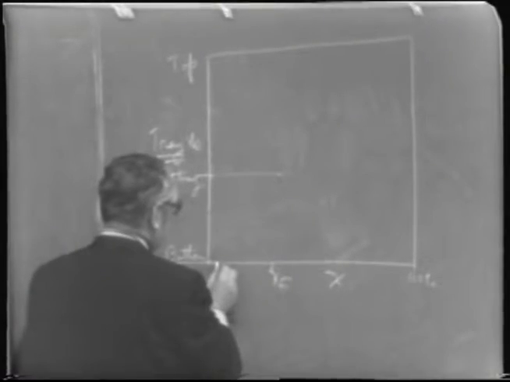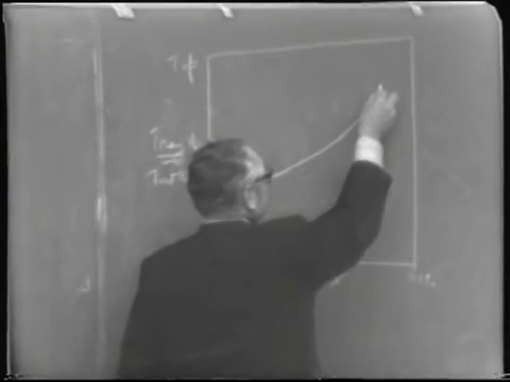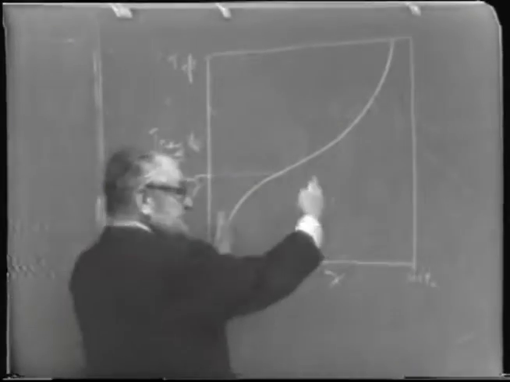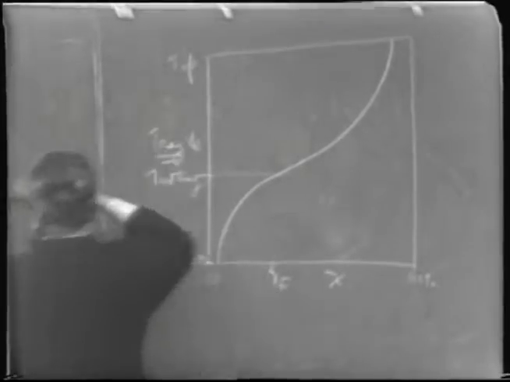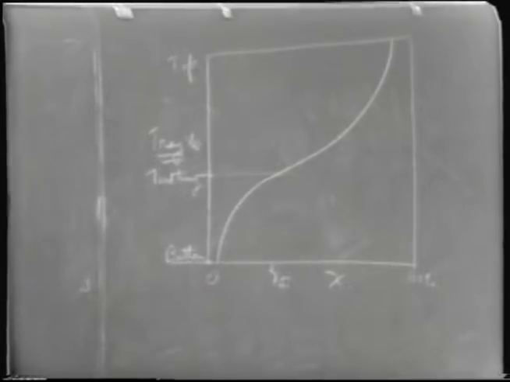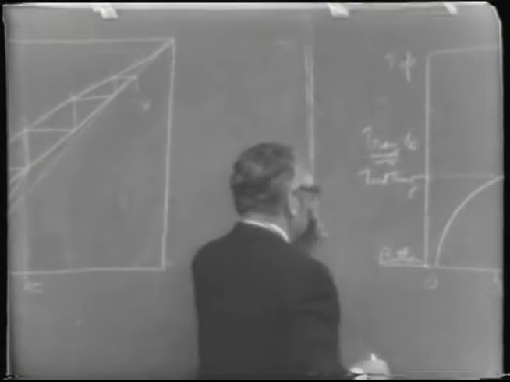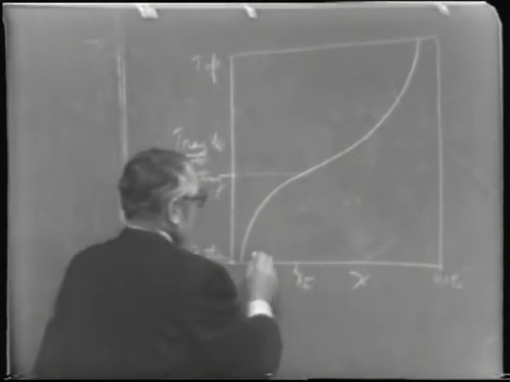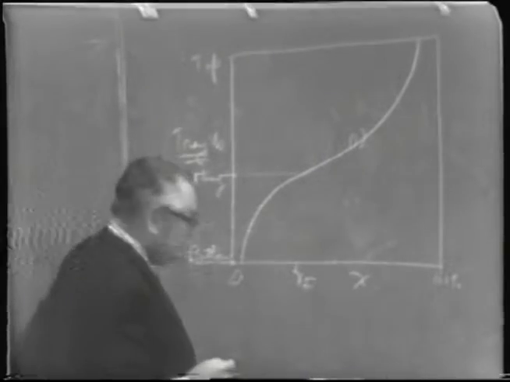That will have some value that'll look sort of like this. It'll be a sort of sigmoid shape, because we get the maximum change in concentration in the middle part of the column, where the curve is farther from the diagonal. And I'm going to label this curve number 1, because I'm going to draw a couple others on there.